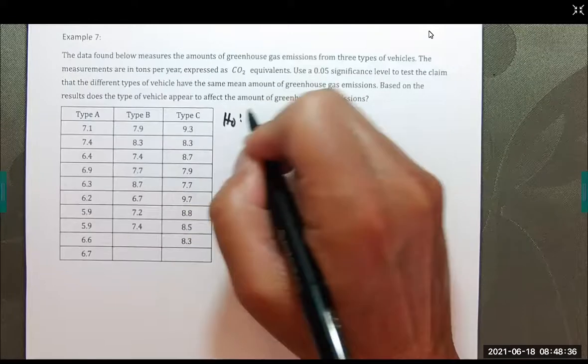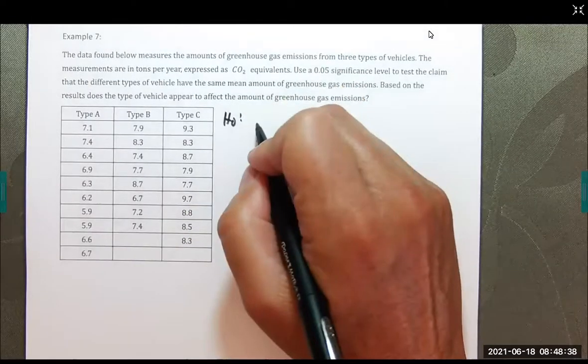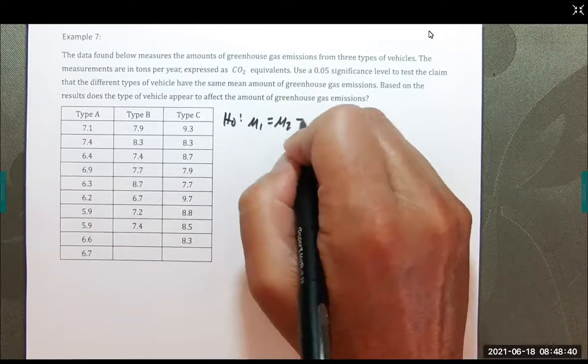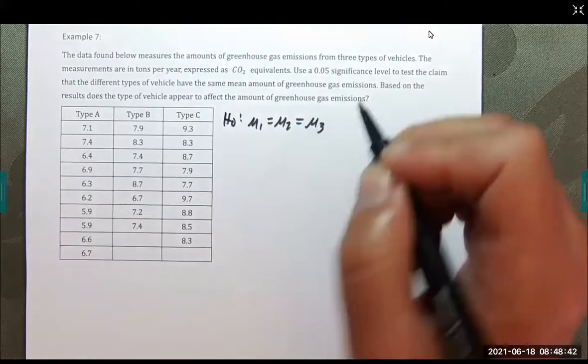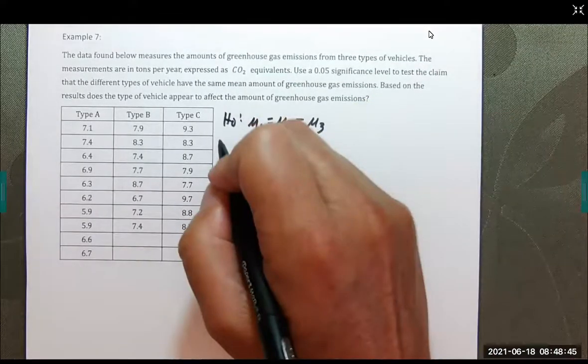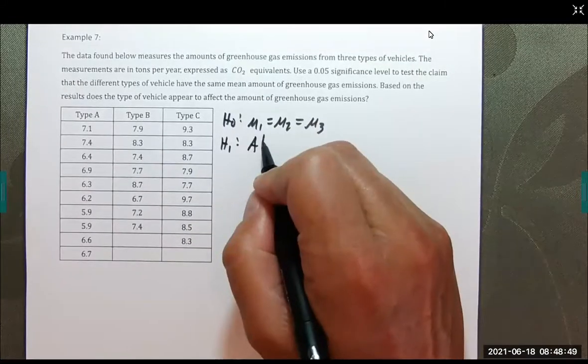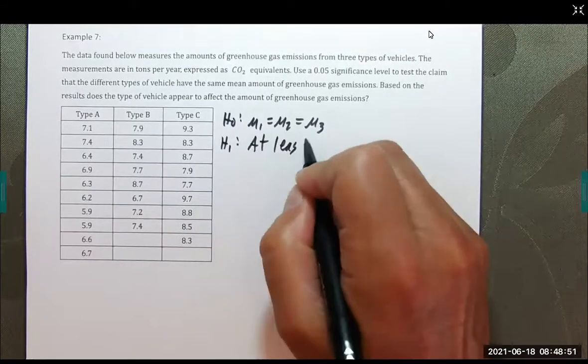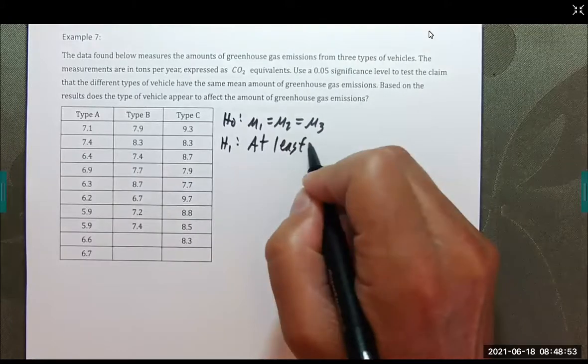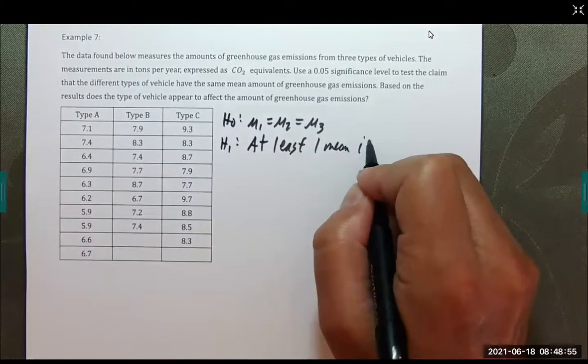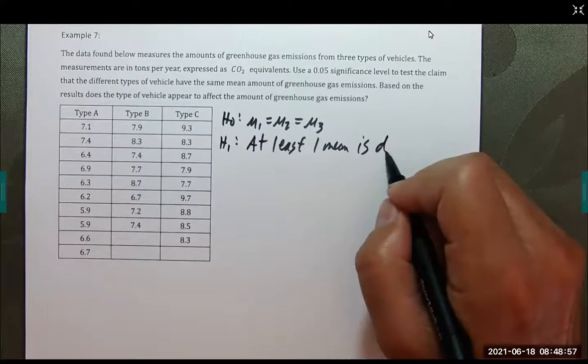is that all 3 means are the same. Alternative hypothesis: at least one mean is different from the others.